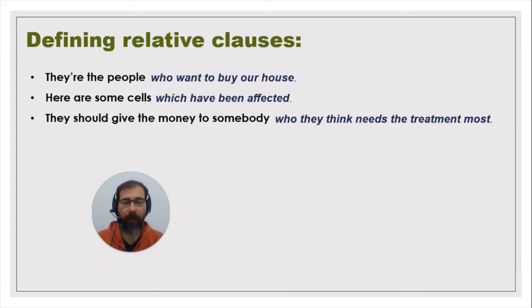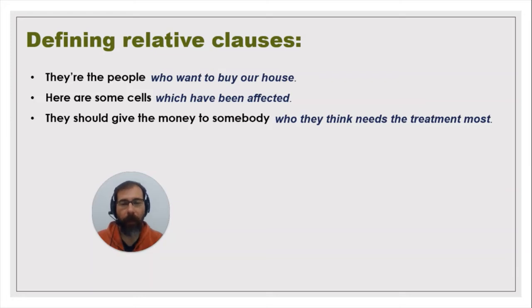When we add a clause following these sentences, now we can understand their full meaning. When we add the clause to the rest of the sentence, we have the missing information. They are the people who want to buy our house. We know who the people we're talking about are. Here are some cells which have been affected. We know exactly which cells we are referring to.